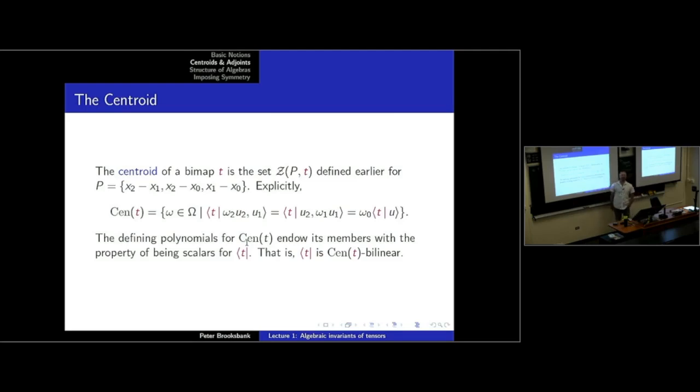What these polynomials are trying to capture is that anything that satisfies them is going to be a global scalar for that particular bimap. So you can move things around between all three different coordinates. In particular, the bimap T is going to be bilinear over its centroid.